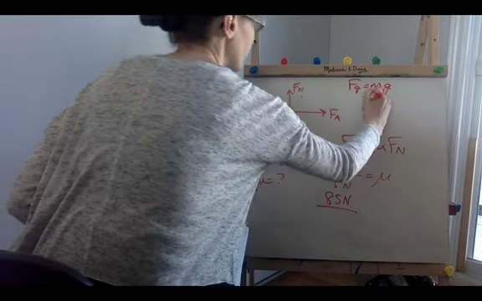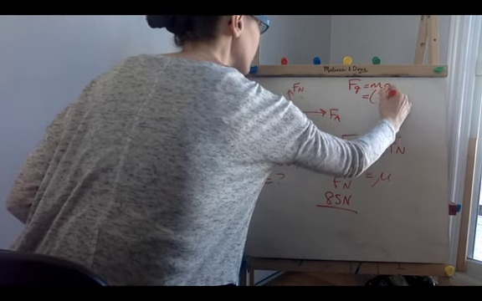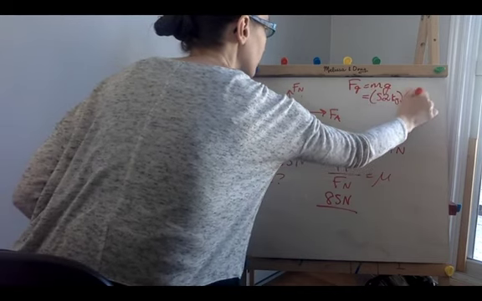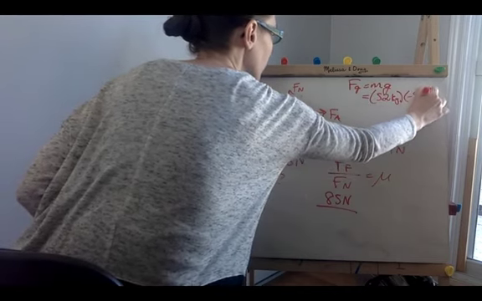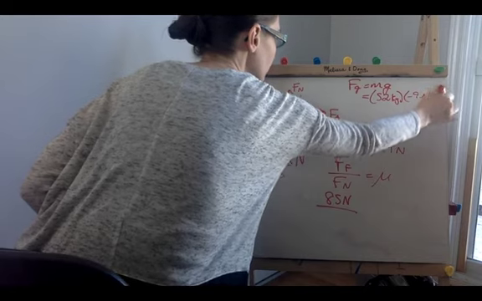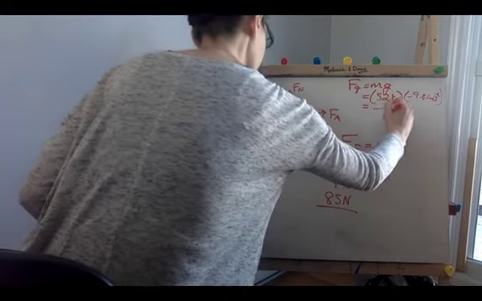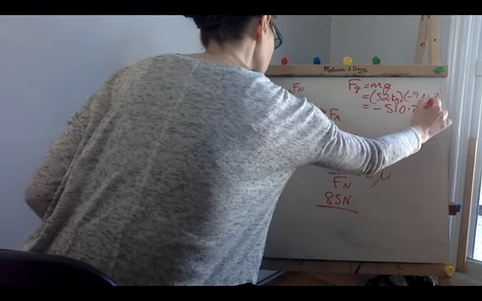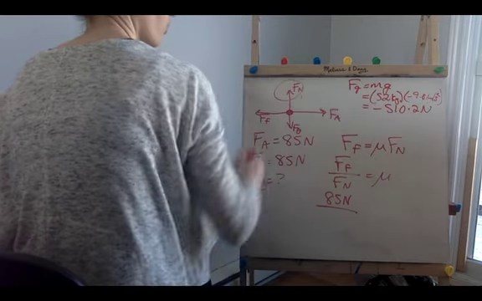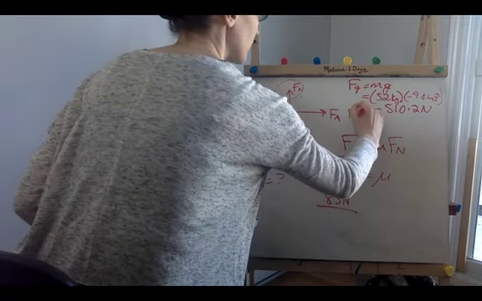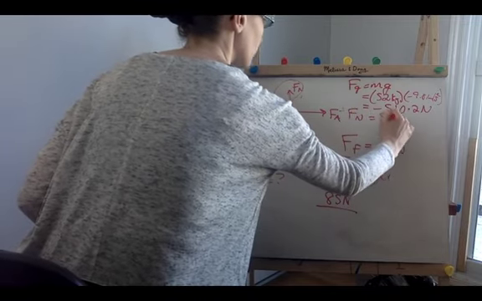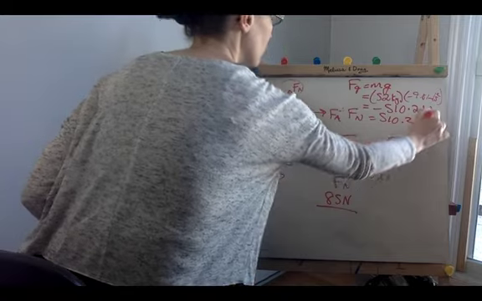The mass was 52 kilograms multiplied by negative 9.81 meters per second squared, which gives us a force of gravity of negative 510.2 newtons, which means my normal force is equal but opposite, so it's a positive 510.2 newtons.